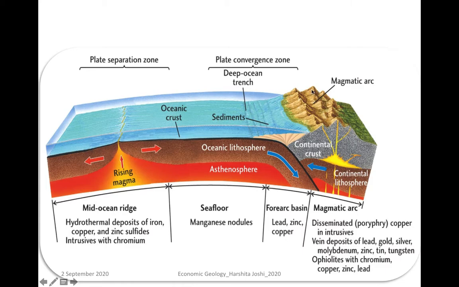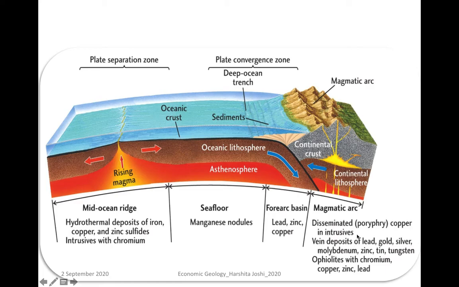Whereas in the magmatic arc, this is a chain of volcanoes which forms due to the subduction, which produces magma in return, and it comes out as a mixed magma or an intermediate magma here.